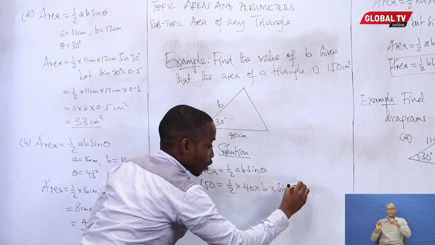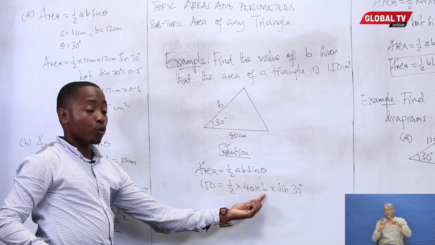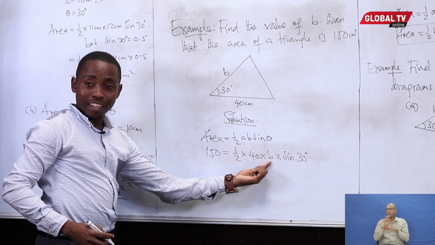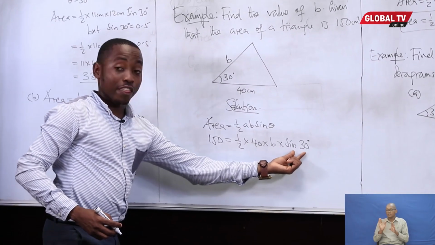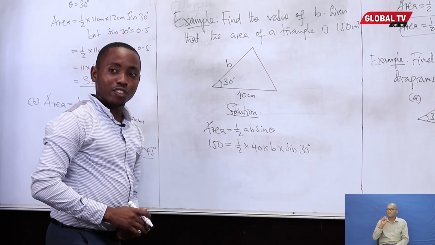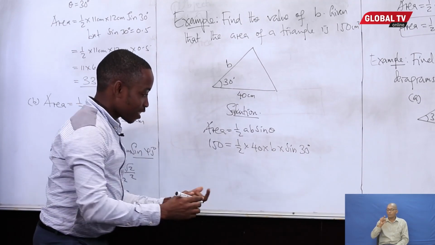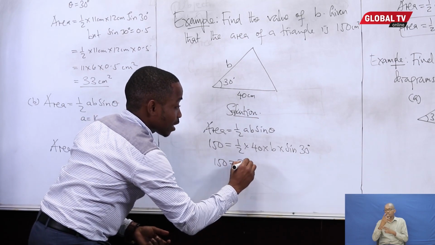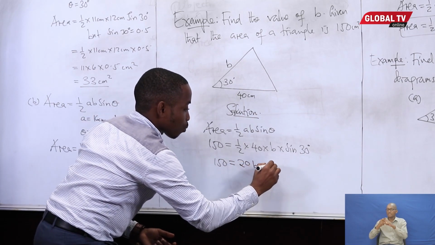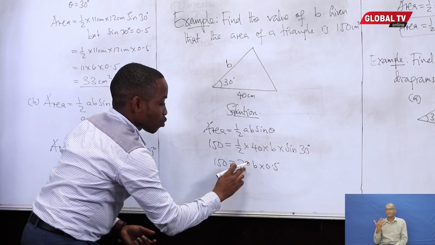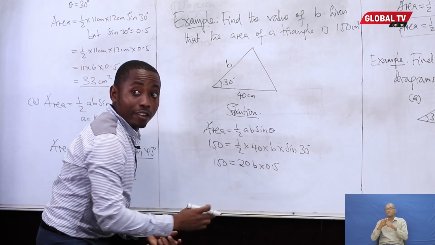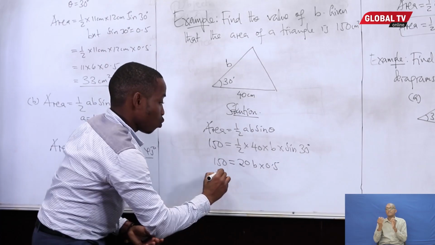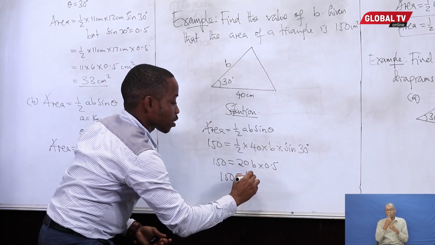It is possible to get the value of B since we know that sine 30 equals 0.5. Here we get 150 equals 20B times 0.5. 20 times 0.5 is 10, so we get 150 equals 10B.